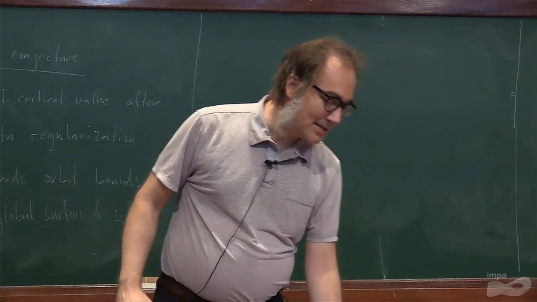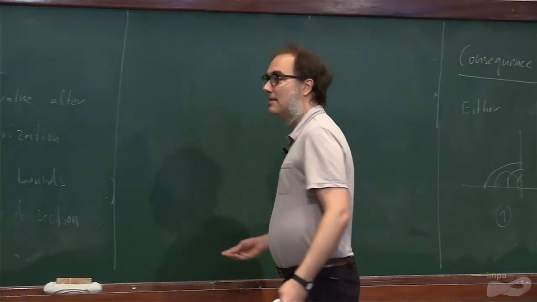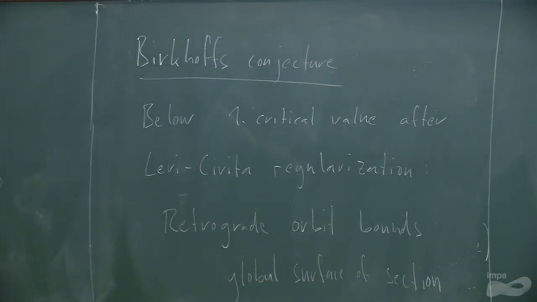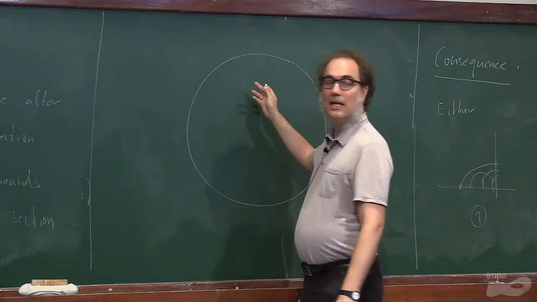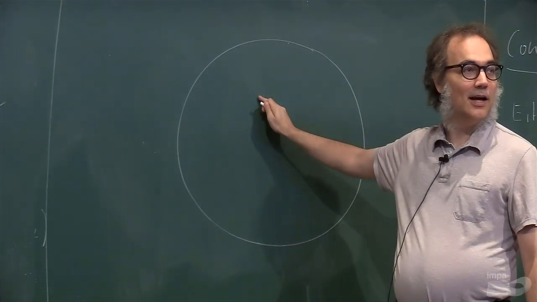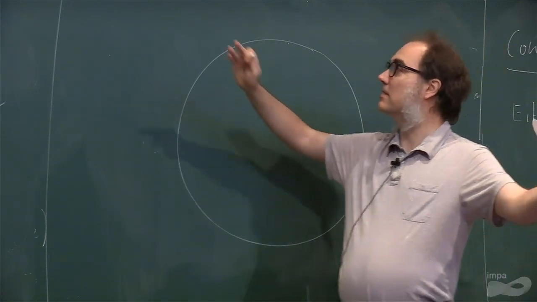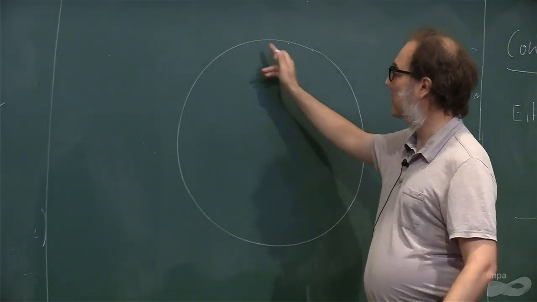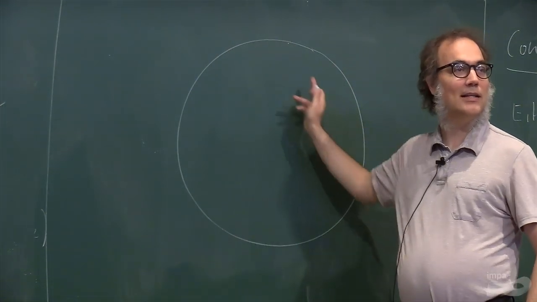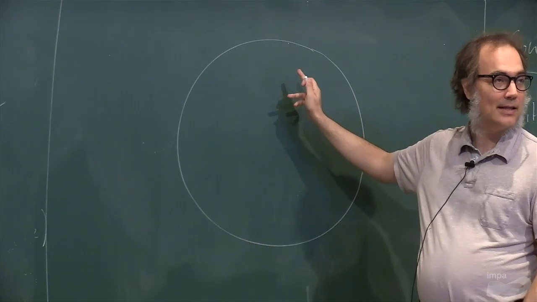Now, what the global surface of section does is it discretizes the problem. A global surface of section is just a disk, like here. So we have this dynamical system in 3 dimensions. In each point we have a vector. But now somewhere in this 3-dimensional space we find an embedded disk.